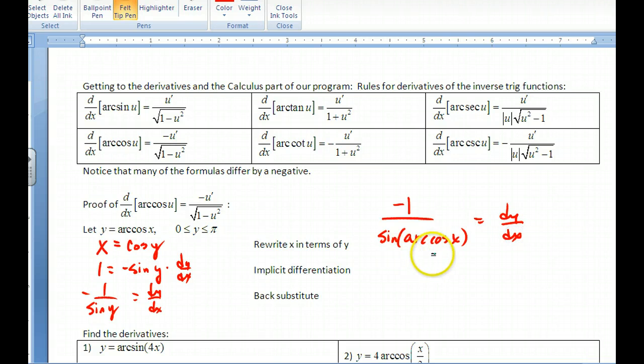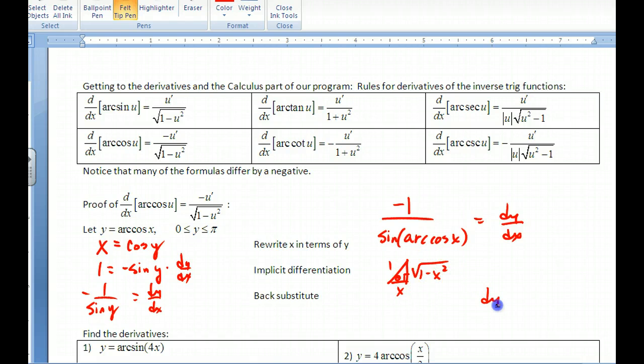Now this looks very similar to what we just did. In fact it is. So I'm going to build my right triangle with my theta. Arc cosine we build is going to be adjacent over hypotenuse, so this would be 1 minus x squared would be this side. So the sine of the arc cosine of x is just going to be square root of 1 minus x squared.